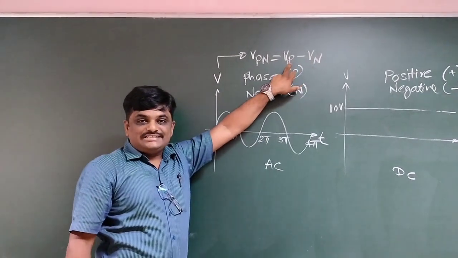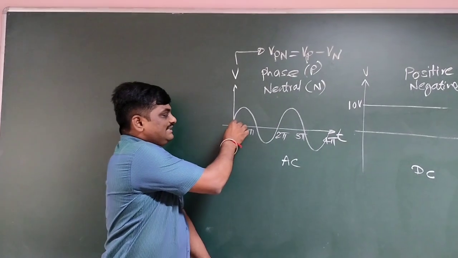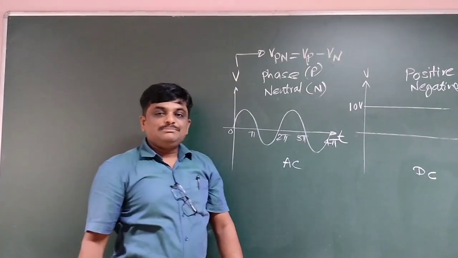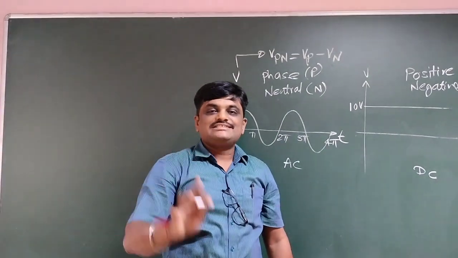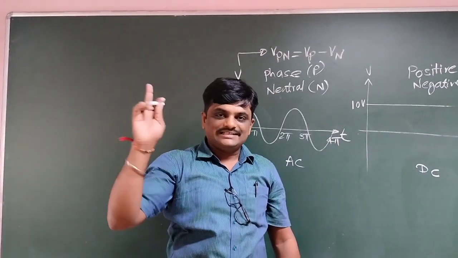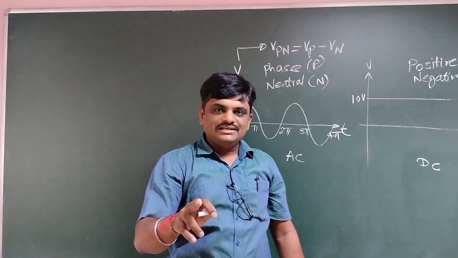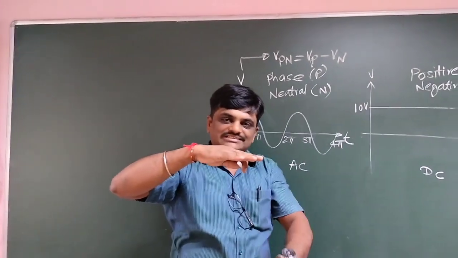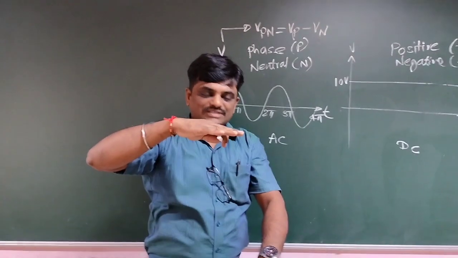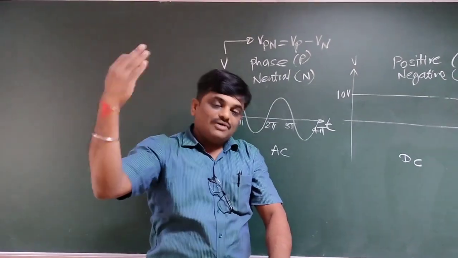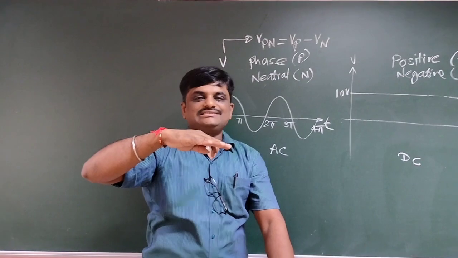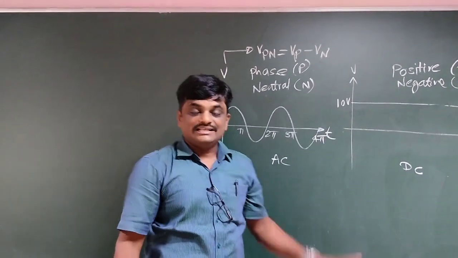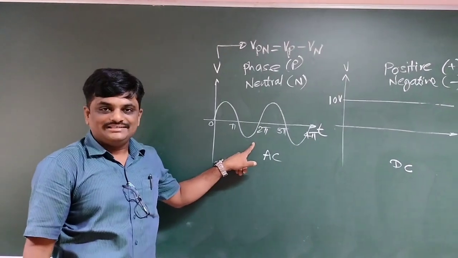The phase potential during the positive half cycle increases above neutral, right? So during the positive half cycle, the phase potential is greater than the neutral potential. Hence, the current flows from phase to neutral during the positive half cycle. During the negative half cycle, the phase potential is less than the neutral potential. So neutral is now at higher potential as compared to phase. Hence the current flows from neutral to phase during the negative half cycle. Hence here the current is bidirectional.